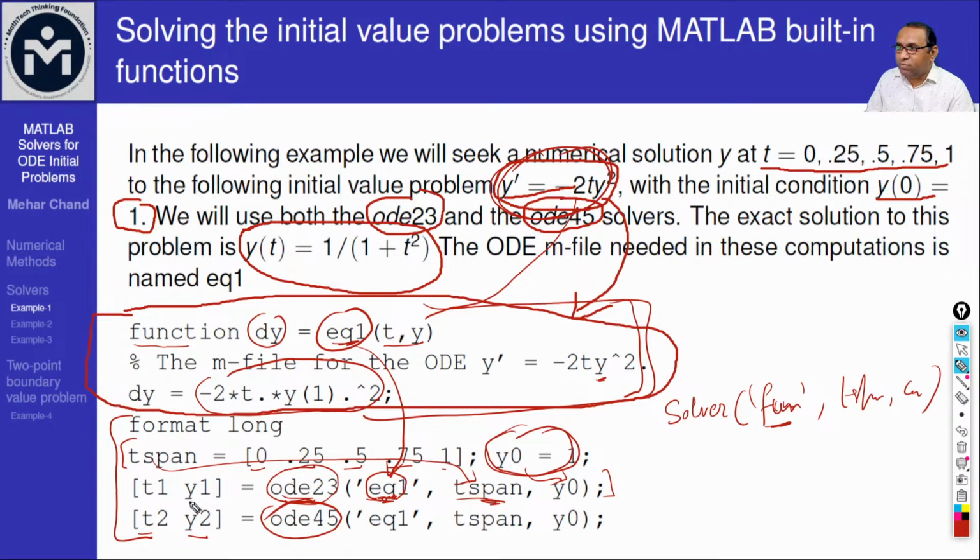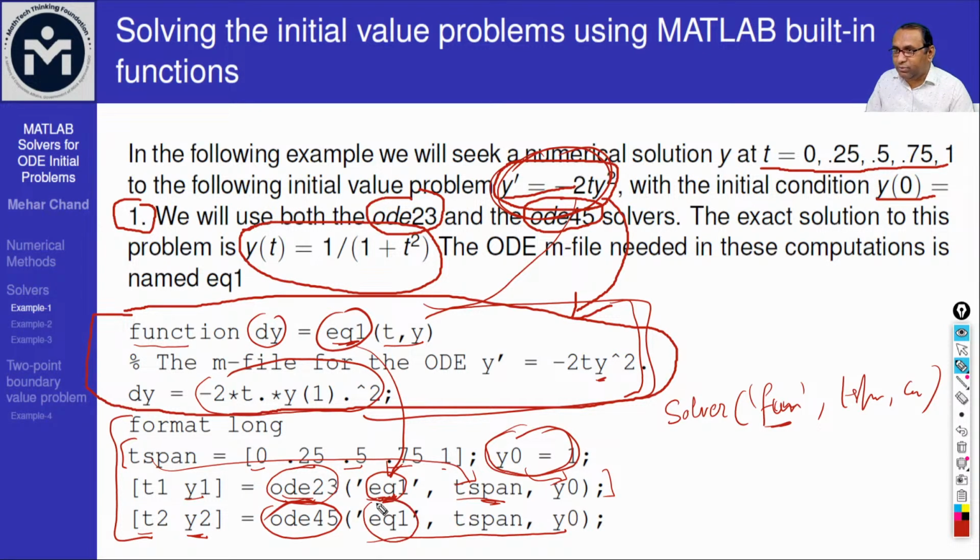Okay, so y1 is used for the first solution, y2 is used for the second solution. So t1 and t2 will remain the same for both the equations, but we are giving separate names, doesn't matter. And the rest of the syntax is the same.